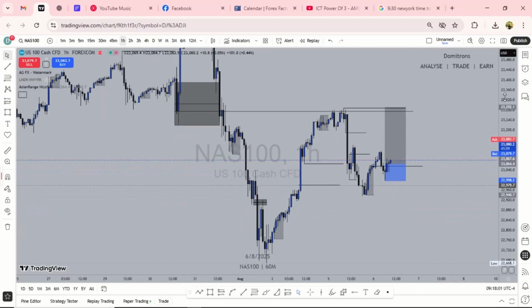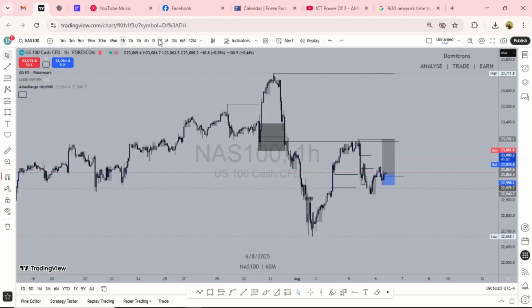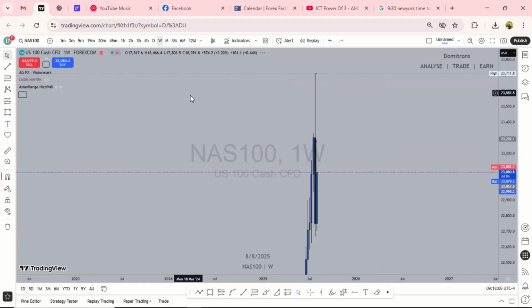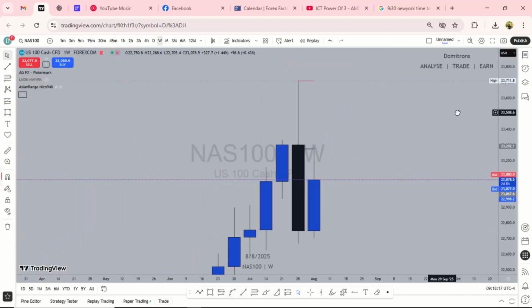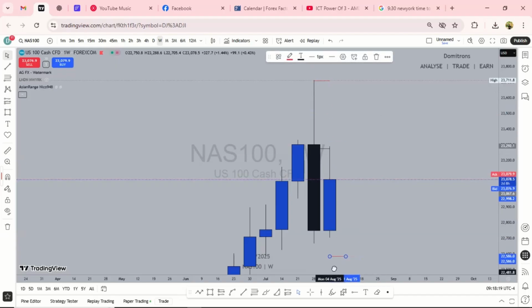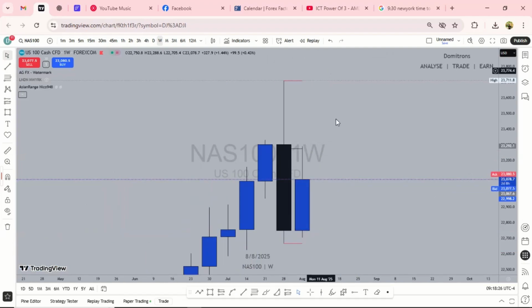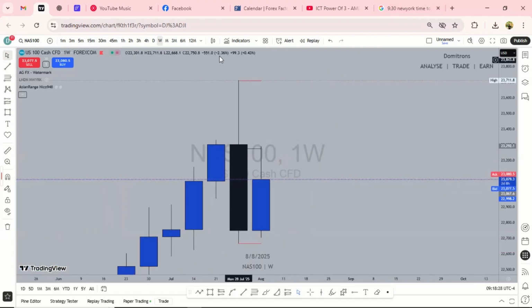And I also wanted to do something. Let me look at my weekly candle. All right, so that is my previous week high and low.